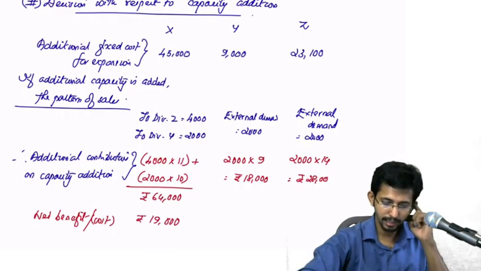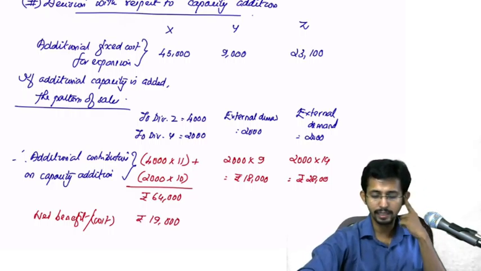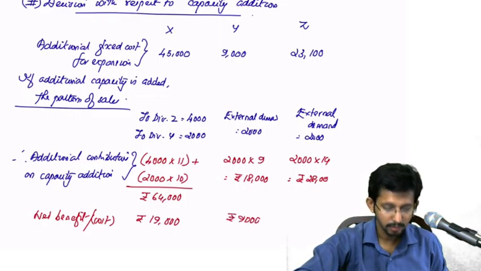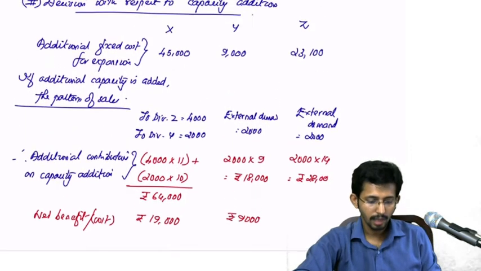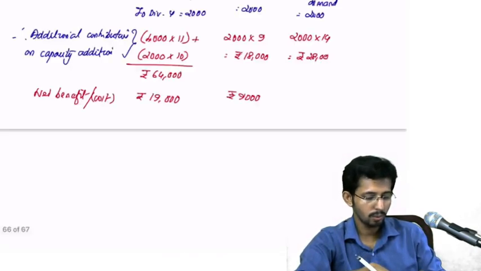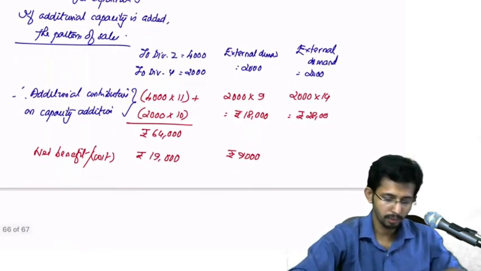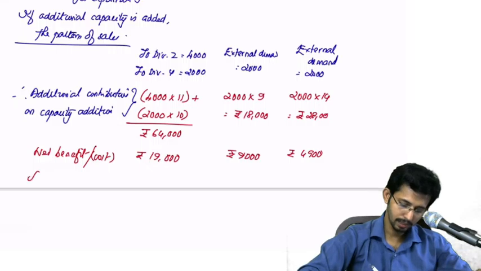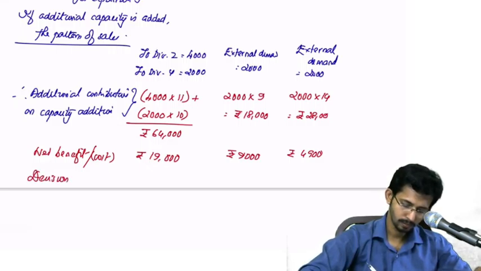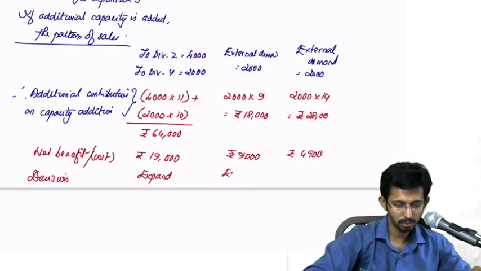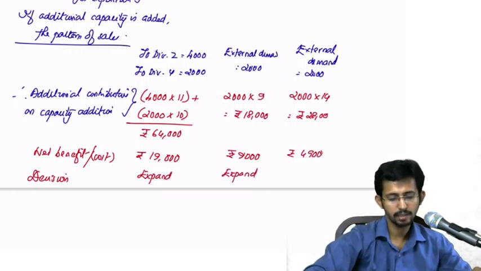Similarly here 9,000 is additional fixed cost, 18,000 is your benefit, so here net benefit of 9,000, and here 23,100 compared with 28,000, so the net benefit will be 4,900. So decision will be here expand, here also expand, and here also you can expand.